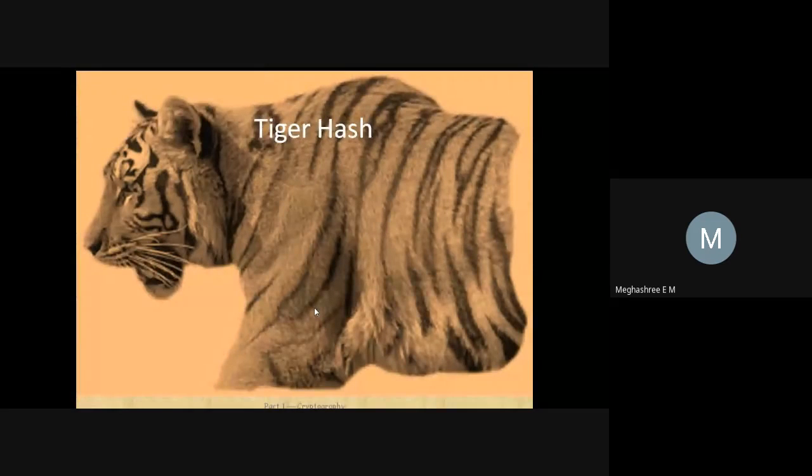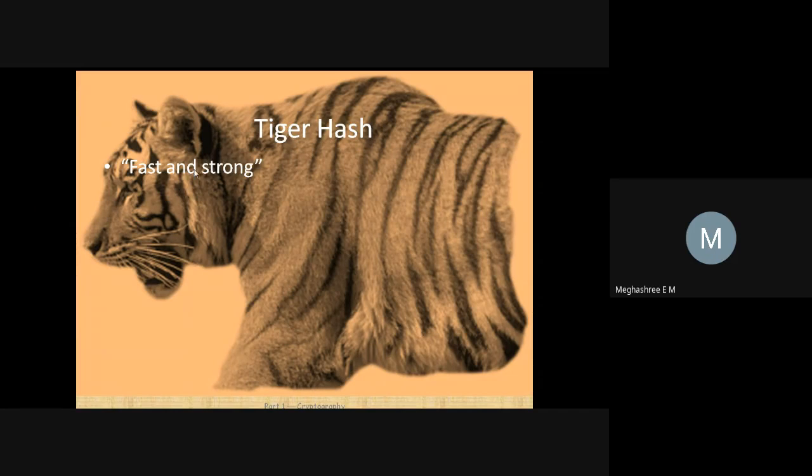Because it is very strong and fast. You can see the tiger runs very fast, right? Not as fast as a cheetah, but it runs fast and it hunts. So that's why this hash function is compared to the tiger and named the Tiger hash function.